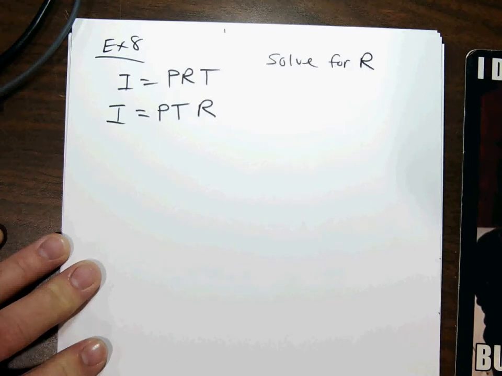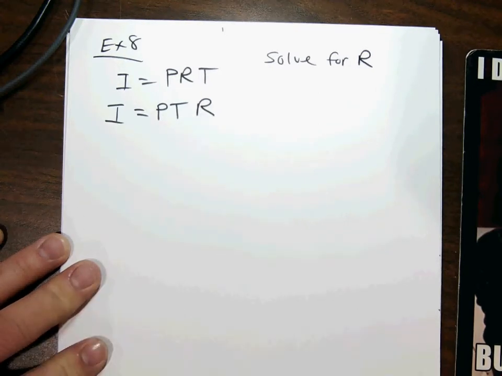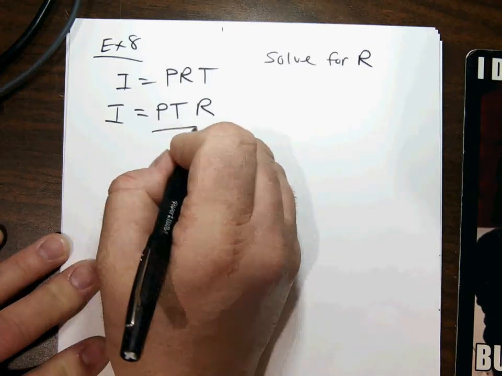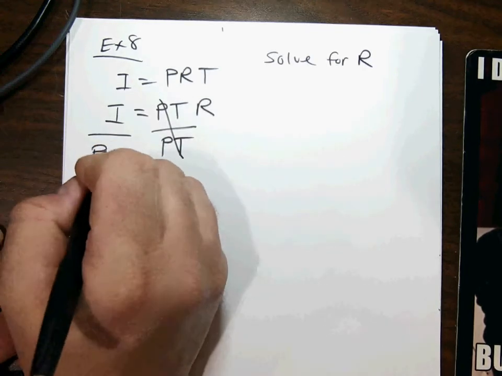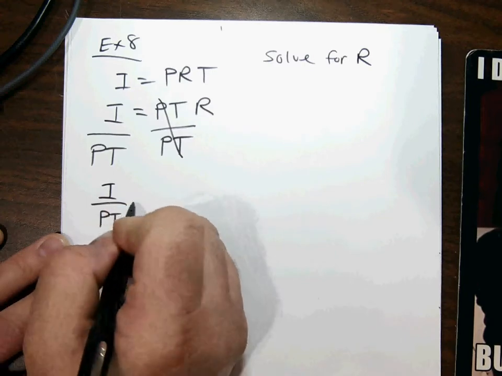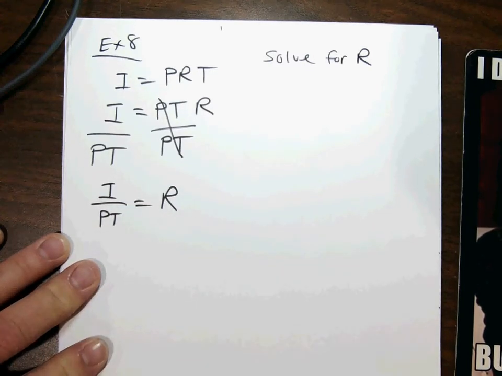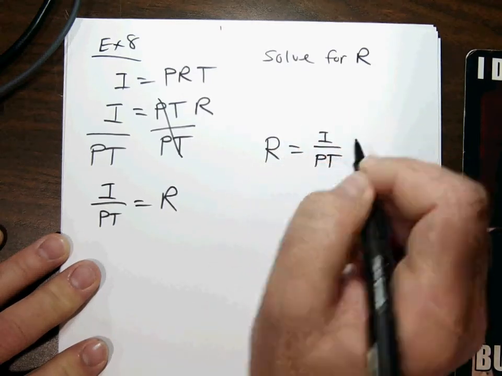I just switched positions of the R and the T. So now this PT is like the coefficient in front of my R, right? Divide by the coefficient. Divide by PT. Go on over there. Divide by PT over there. So now I've got I divided by PT equals R. That's what I want. I'll just turn it around to make my unknown on the left. R equals I over PT.